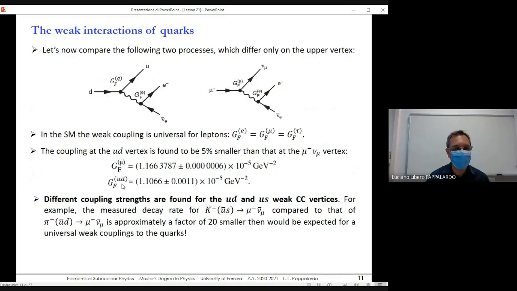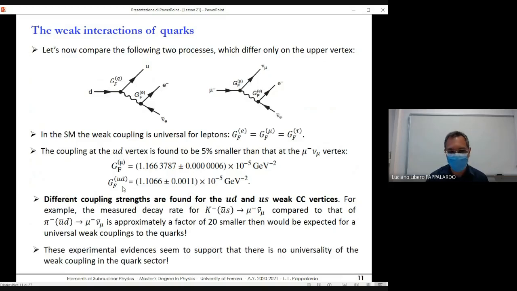If you compare the coupling at the quark vertex, so G_ud with G_us, then they differ by a factor of 20. So one observes here a huge violation of the universality. In other words, universality holds for leptons, but not for quarks. The experimental evidence seems to support that there is no universality of the weak coupling to the quark sector.